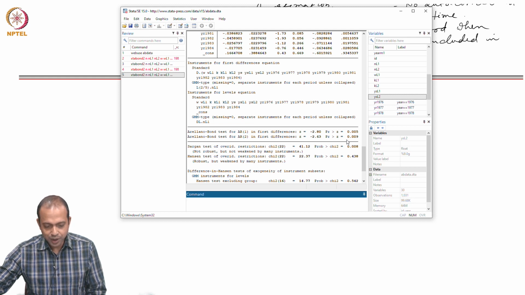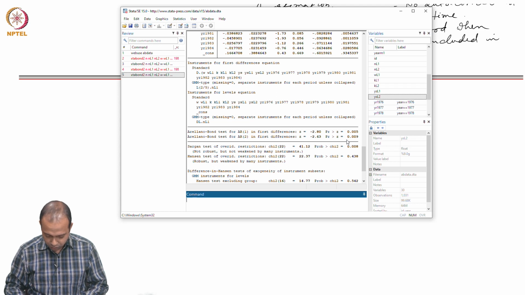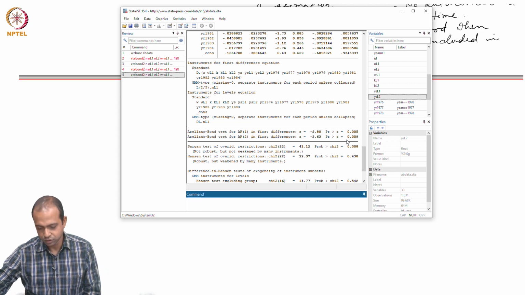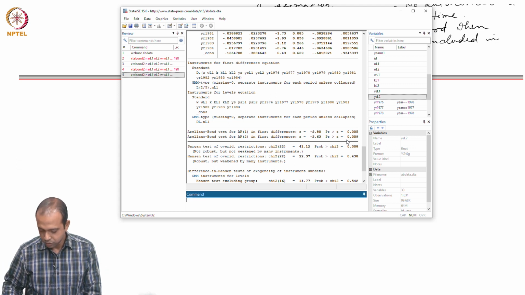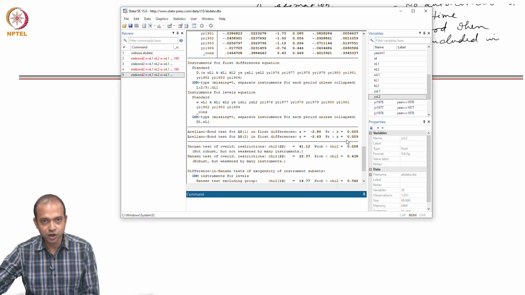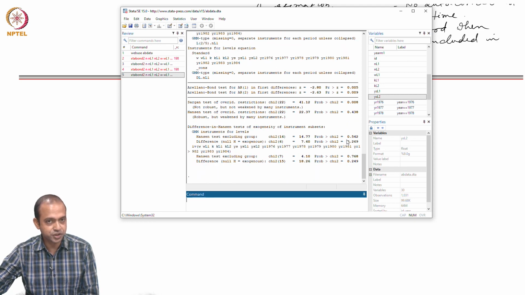If we want to apply two step, then robust, here we need to put two step, then robust and small. So basically by putting two step and robust, I am estimating two step system GMM.